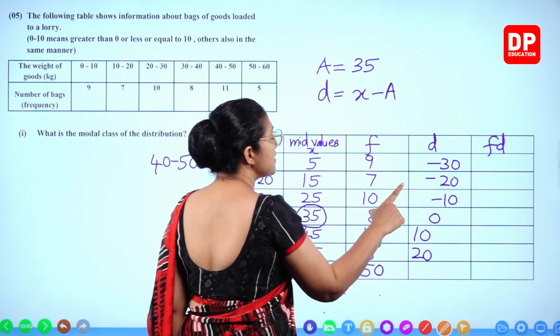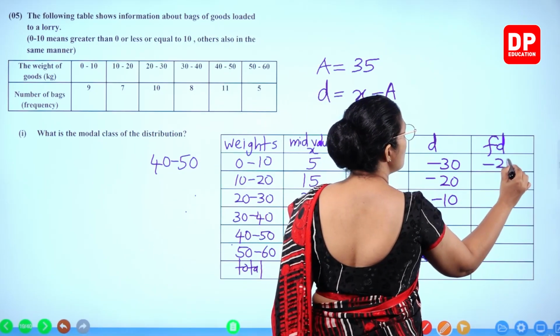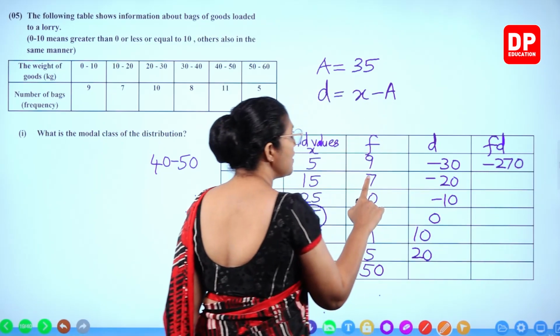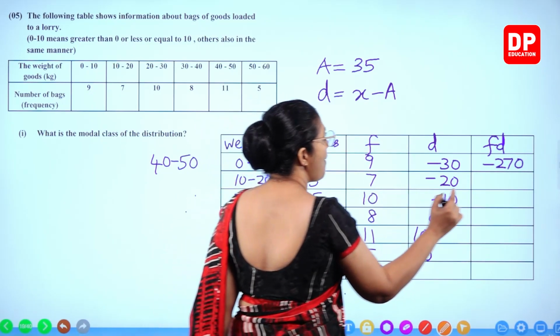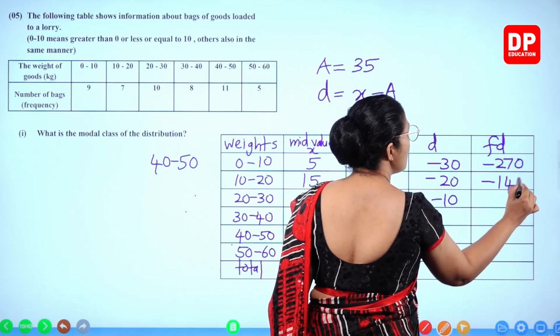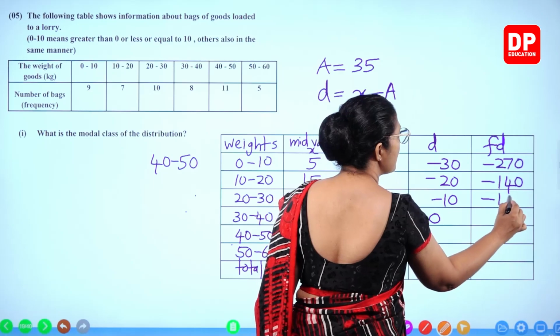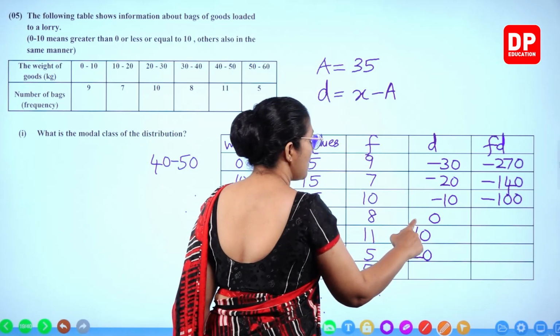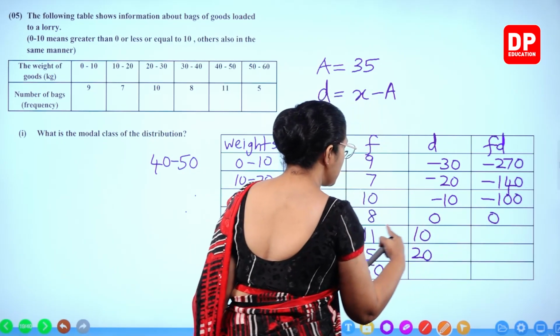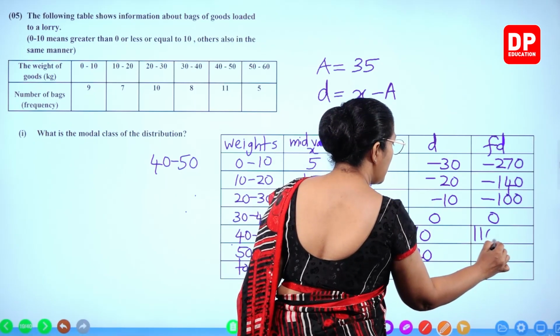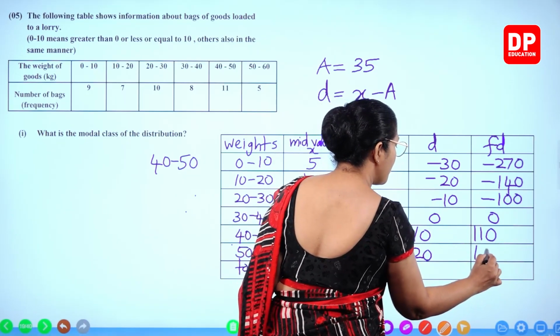9 times minus 30, minus 270. 7 times minus 20, minus 140. 10 times minus 10, minus 100. 0 times 8 is 0. 10 times 11, 110. 20 times 5, 100.